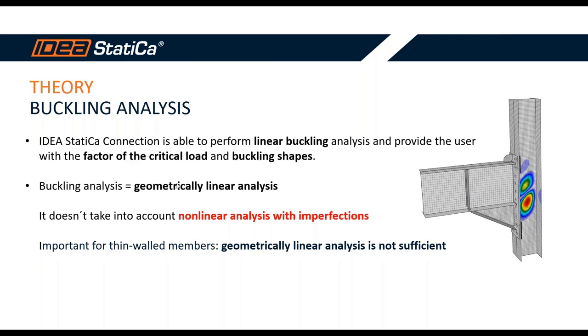This buckling analysis is geometrically linear. It doesn't take into account non-linear analysis with imperfections. This is really important for FinVolt members, where geometrically linear analysis isn't sufficient. About FinVolt members will be the second part with my colleague Vít Hurčík.